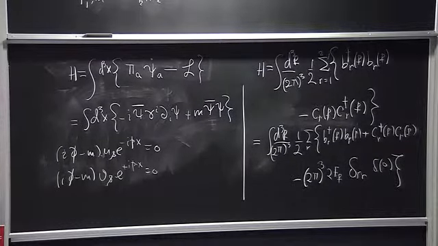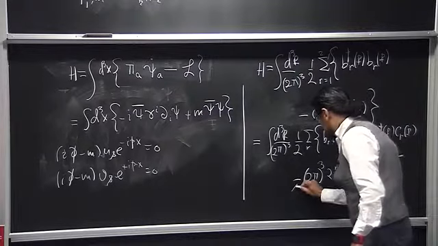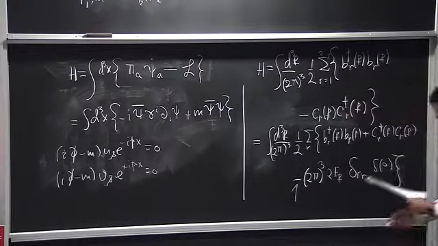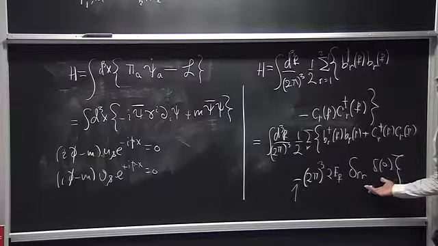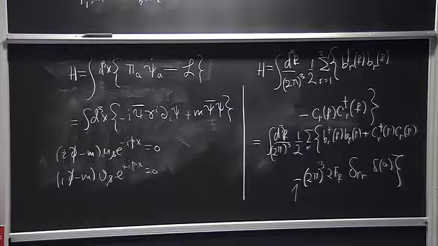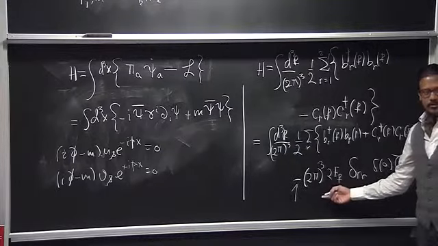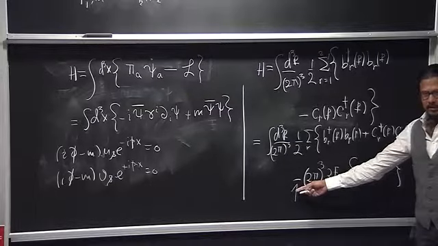Okay? So this is the zero-point energy. And of course, this is infinite. And in the scalar field theory case, you found that you had another zero-point energy that came with a plus sign.